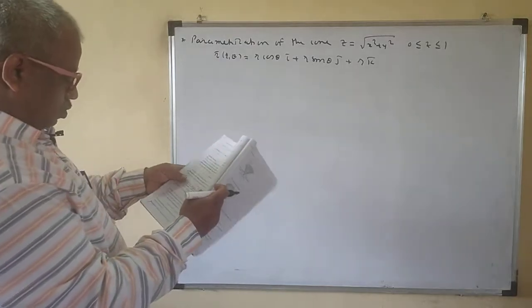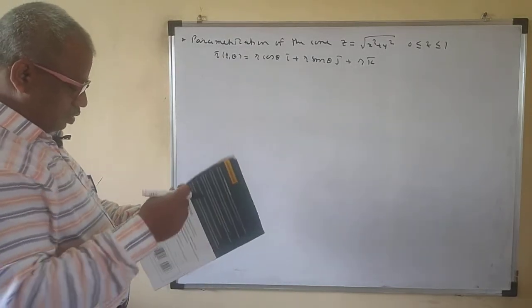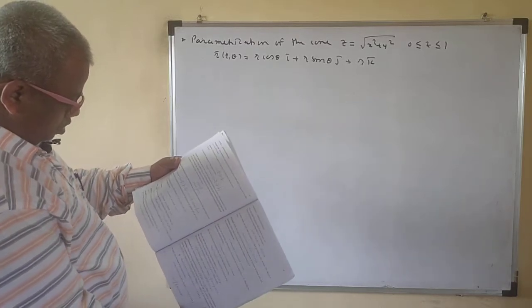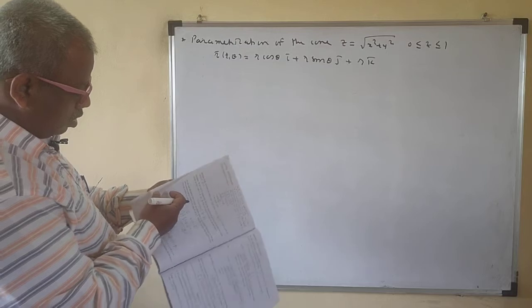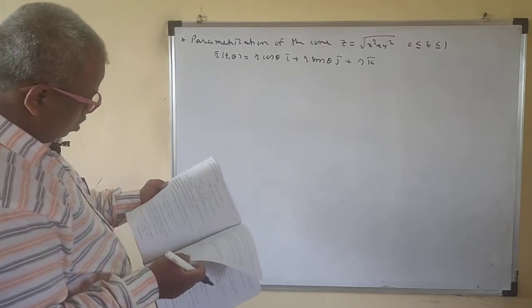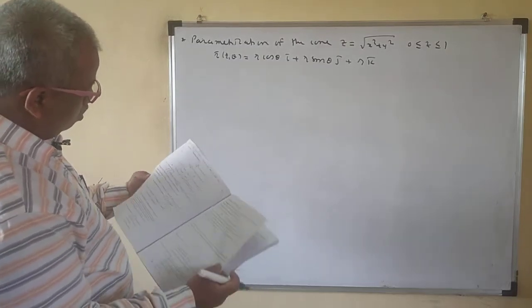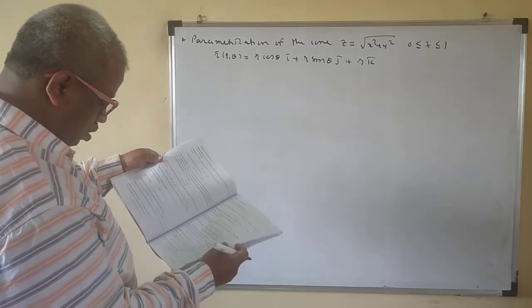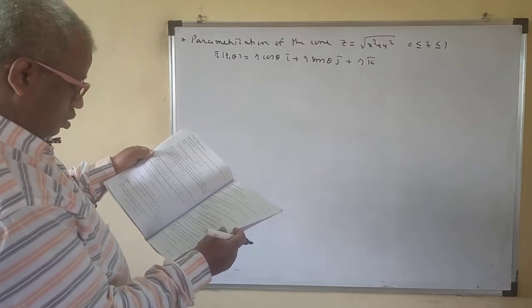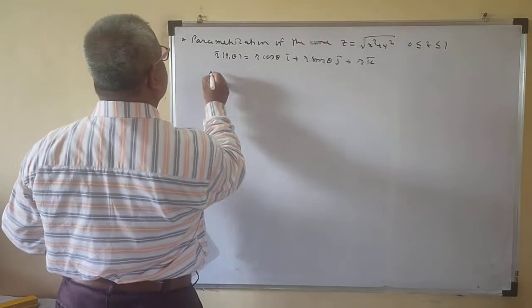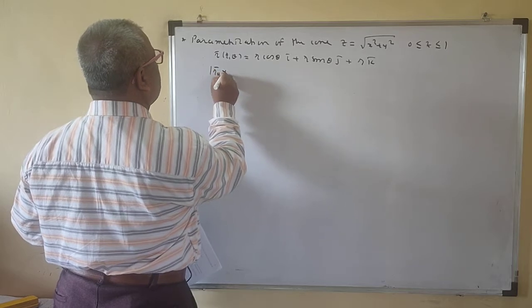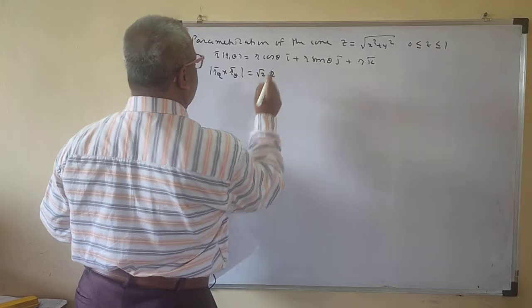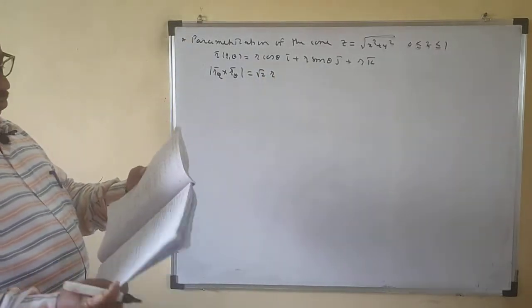Now one thing is that we will write that also here. We will write the mod of r bar of r cross r bar of theta. So this is root 2 r.